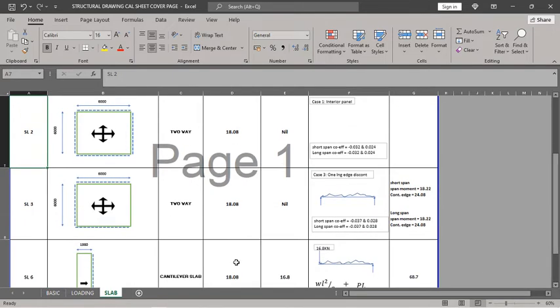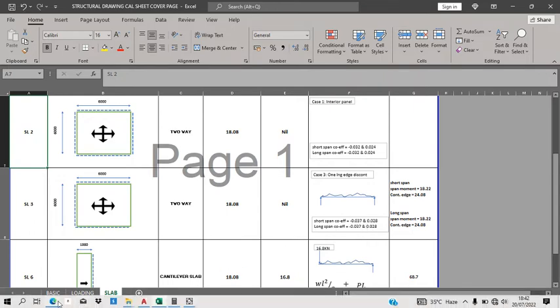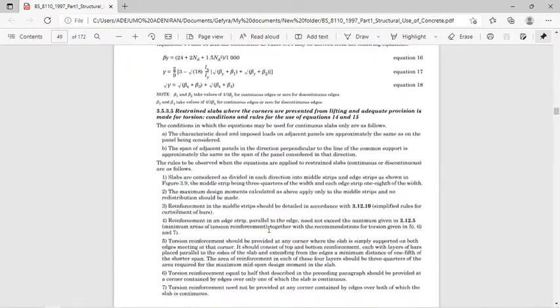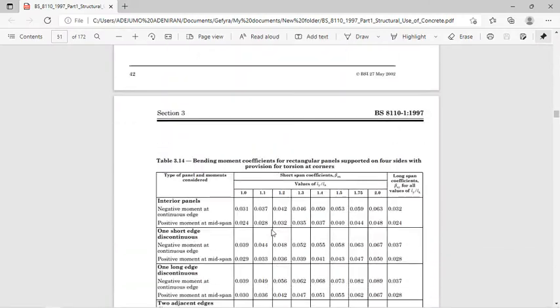Then we'll now go to slab type 3, which is also two-way, but the case is now one long edge is discontinuous. So by that, the coefficient also is different. Then again, you can see the dimensions are also the same. So I also used the long span coefficient for both the long span and the short span.